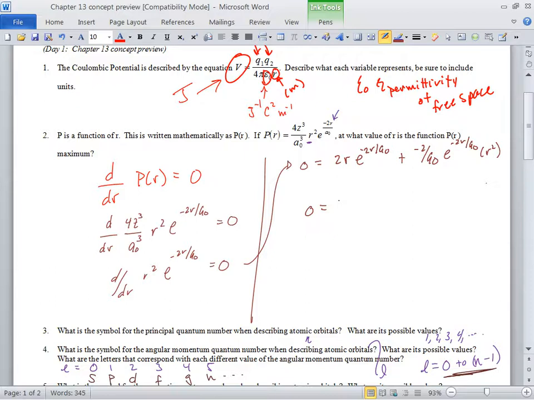I can pull out a 2r and an exponential. You're left with something like that? Is that r divided by a naught? I don't know. You tell me. Is that what it's supposed to be?